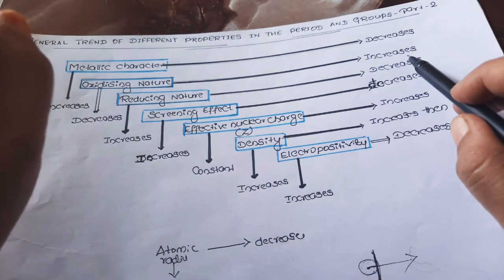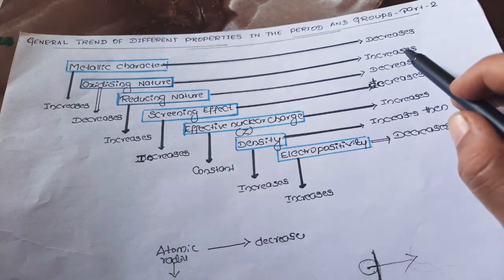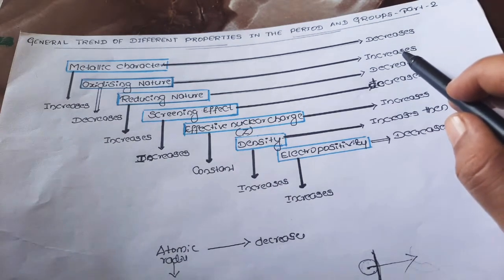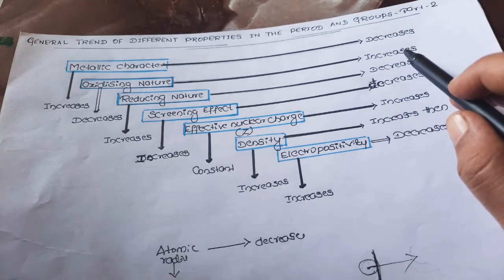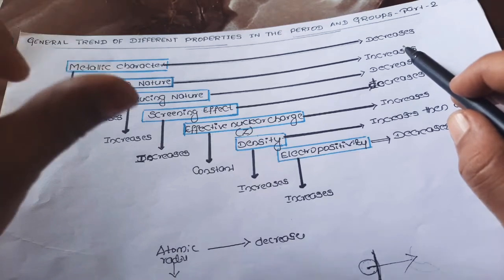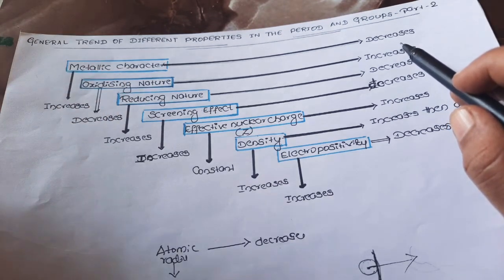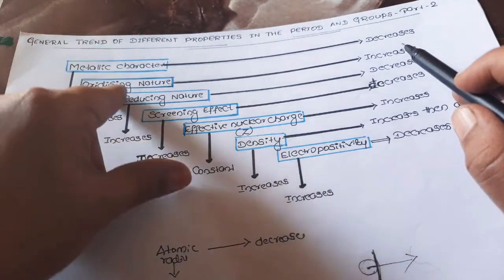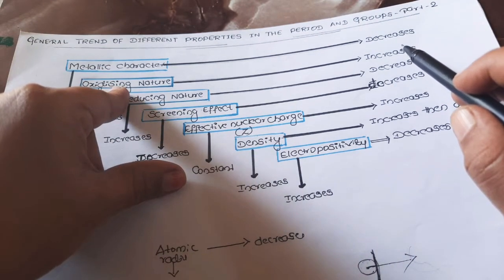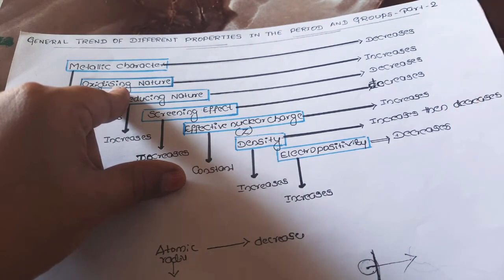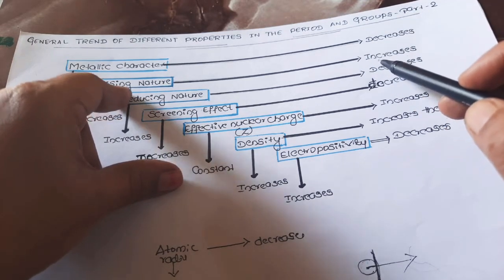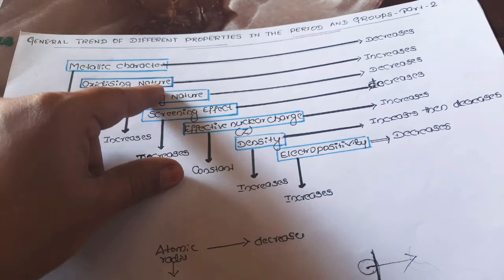As we all know, along a period, the electronegativity increases. What do you mean by electronegativity? It is the capacity to attract the shared pair of electrons towards itself. Oxidizing nature means what? It is the property of accepting the electron. So obviously, along a period, the oxidizing nature increases.